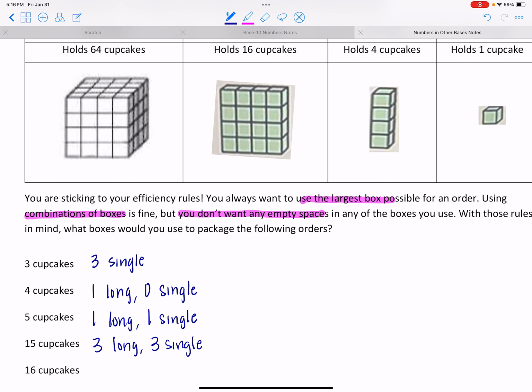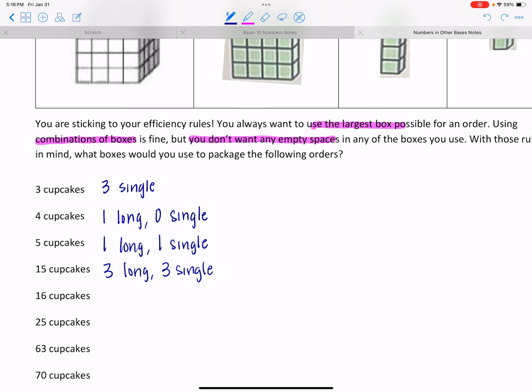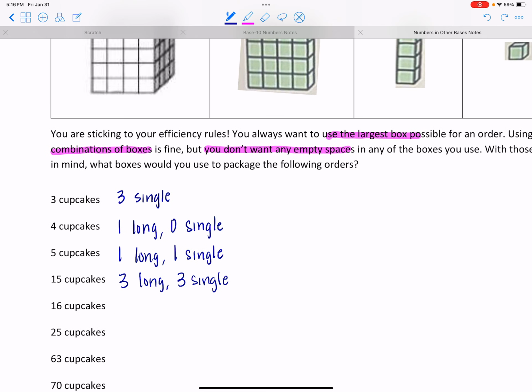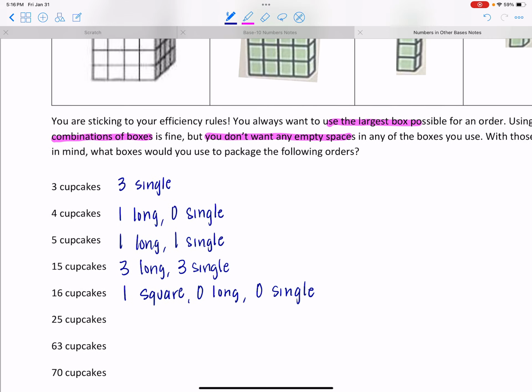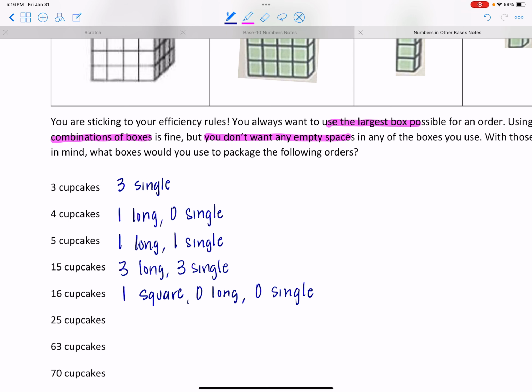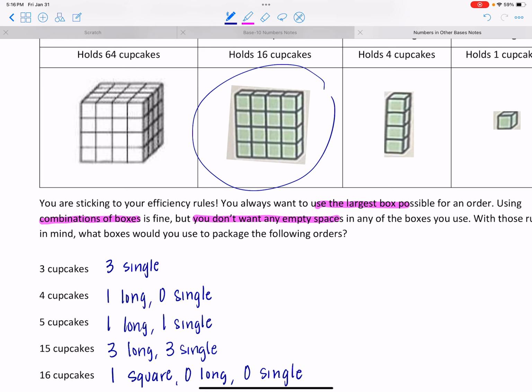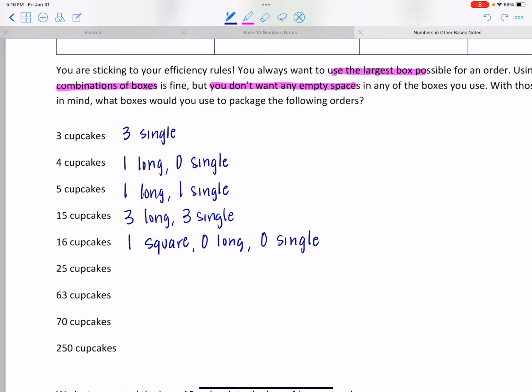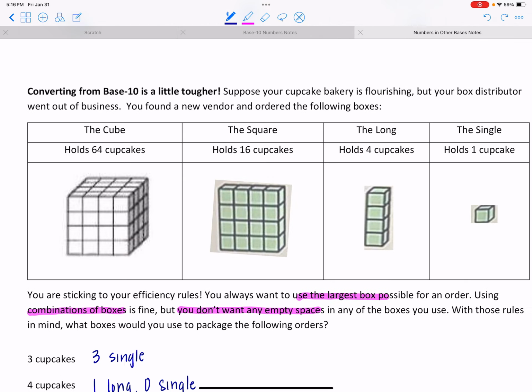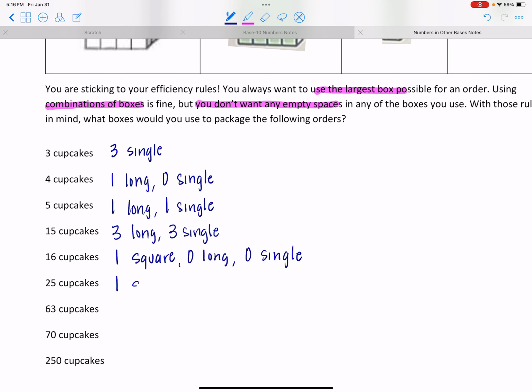16 cupcakes. Well, now I can go to my next box. 16 fit perfectly in the square. So that's going to be 1 square box, and then 0 long boxes, and 0 single boxes. Okay, so 1 square, 0 long, 0 single. 25 cupcakes. This would be the largest box I could use, so I'm going to still use 1 square box, and that would take care of 16.